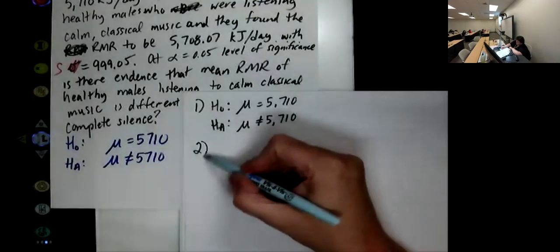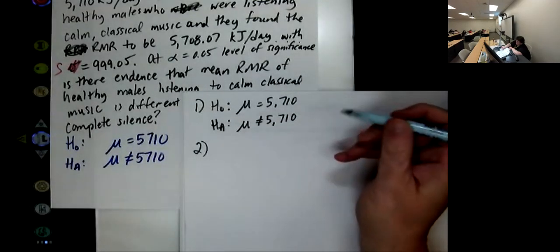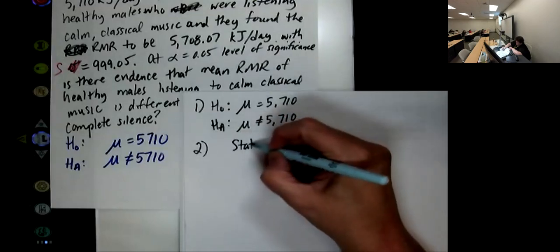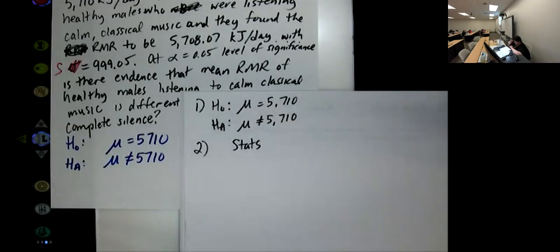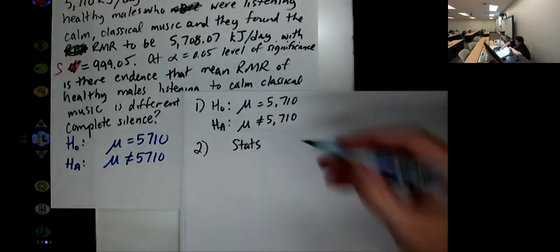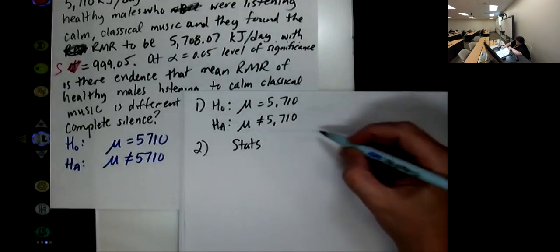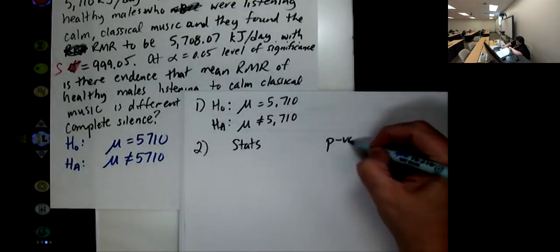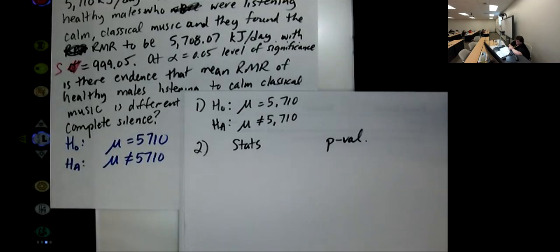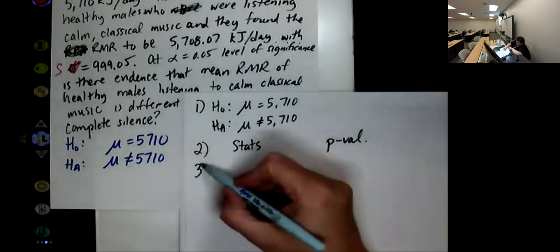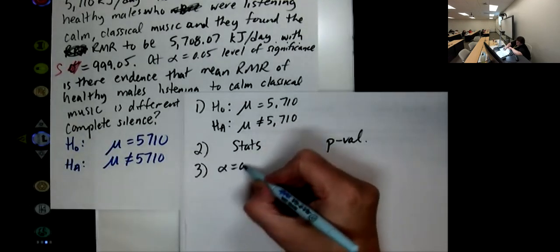Two, we're still looking for a statistic and a p-value. I forget what they call the statistic here, something weird. We also want the p-value here. They did give us alpha. Alpha is 0.05.